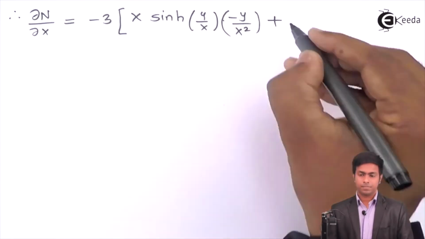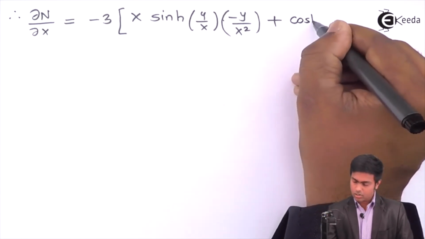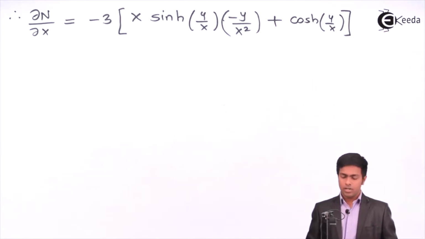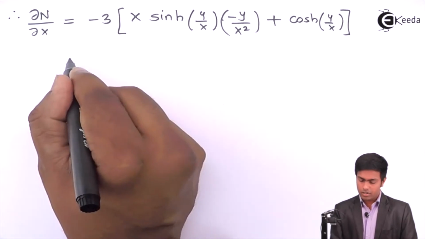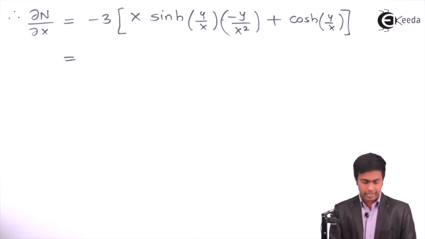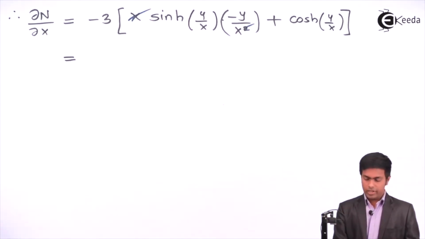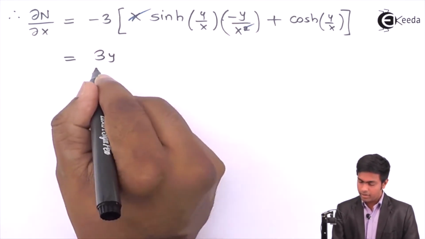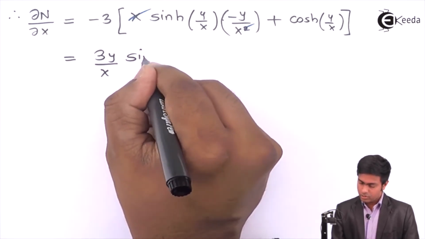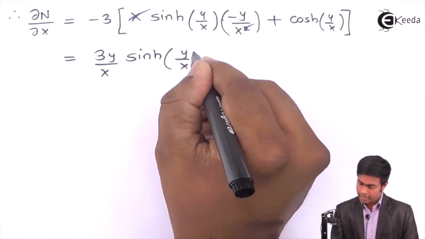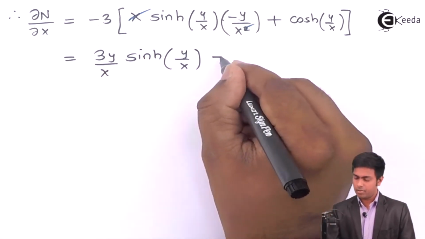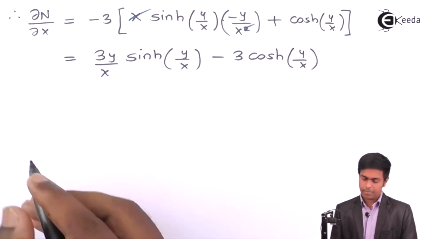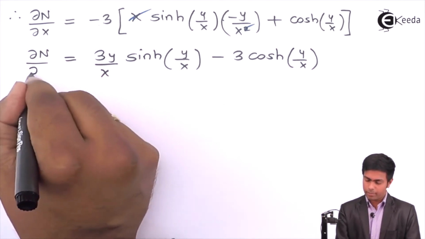Next, plus cosh(y/x) as it is, and the derivative of x is 1. So by multiplying with minus 3 and by cancelling this x, we'll get minus minus positive 3y/x into sinh(y/x), and this term is minus 3 cosh(y/x). So this is the value of ∂N/∂x.